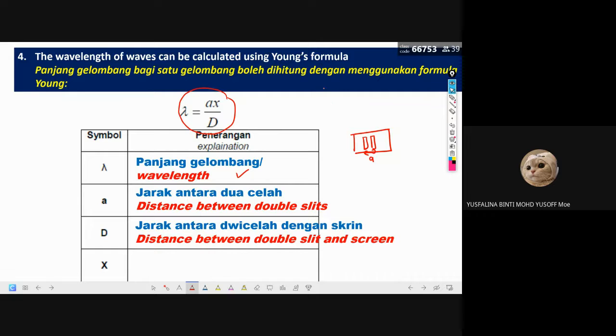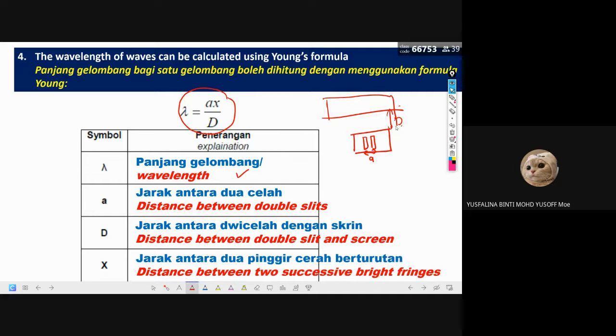Just now you can see there is a screen, and they show the laser on the screen. From the screen to the double slit, this is D. How about the X? The X is the distance between two successive bright fringes.